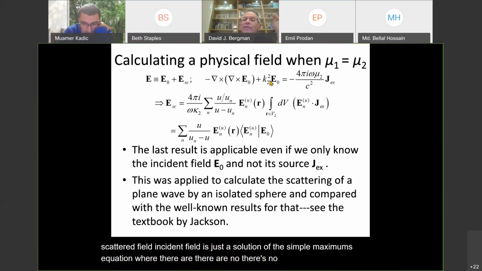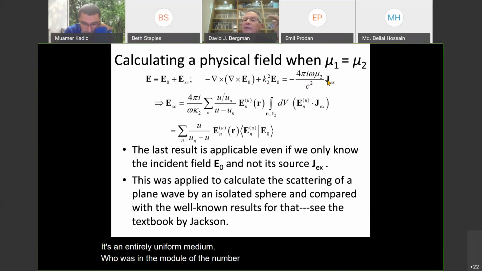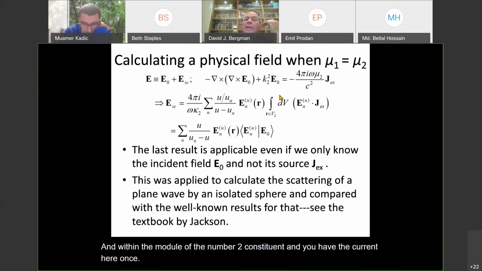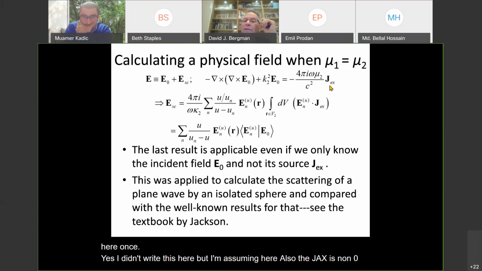It's an entirely uniform medium with the moduli of the number 2 constituent, and you have the current here.